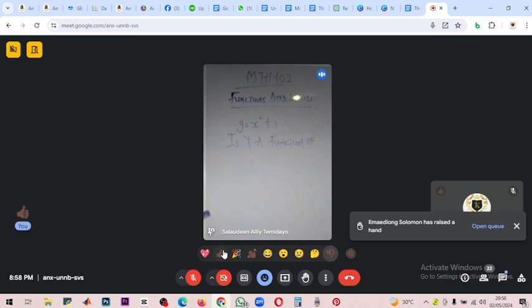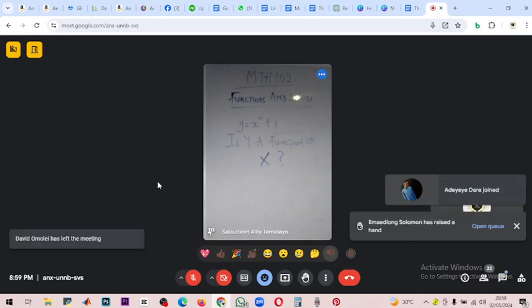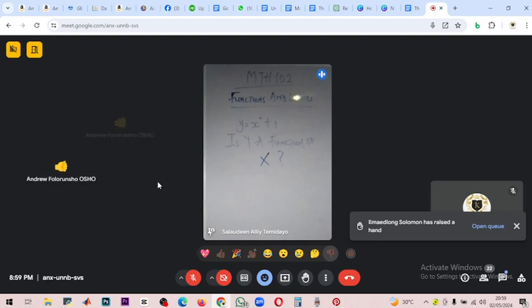Mr. Benjamin. Why is that? Because by the time you find the value of y or the value of x, it's going to give you plus or minus y. So is that the reason it is not a function of x? It's supposed to have a single value.